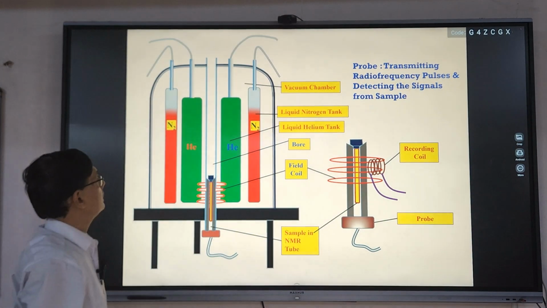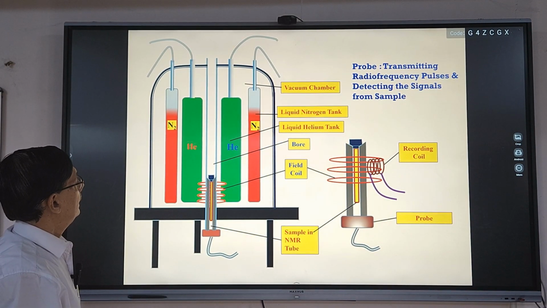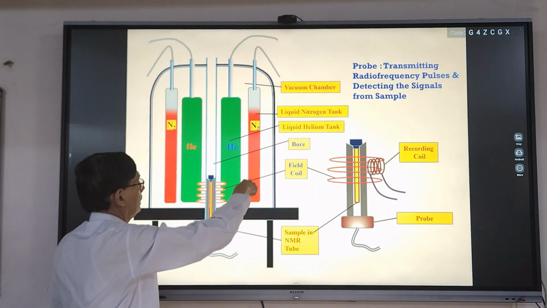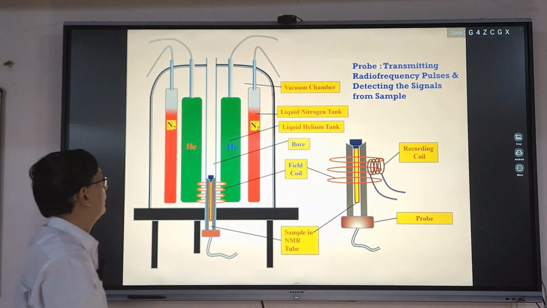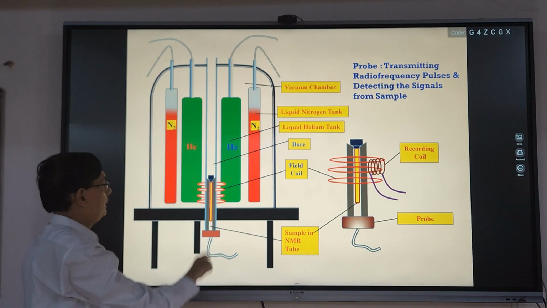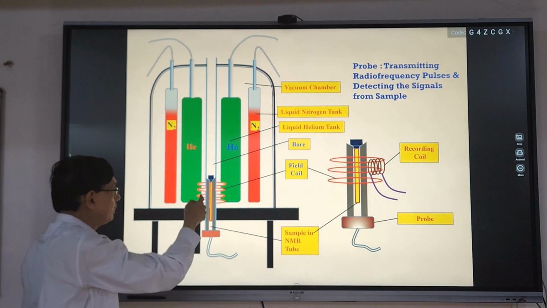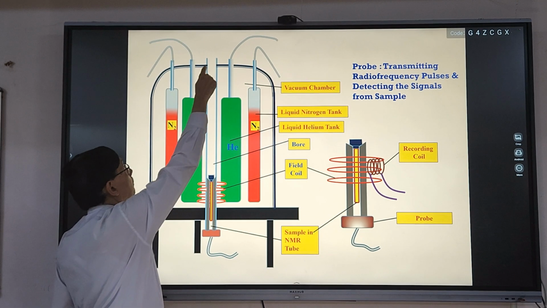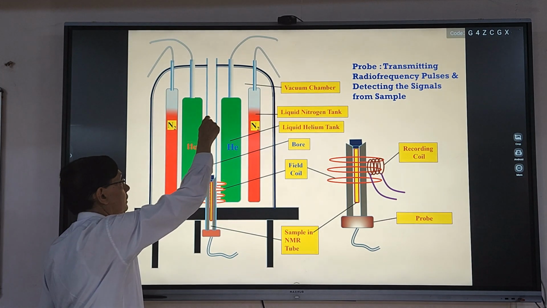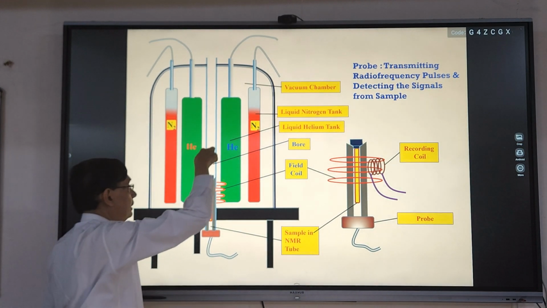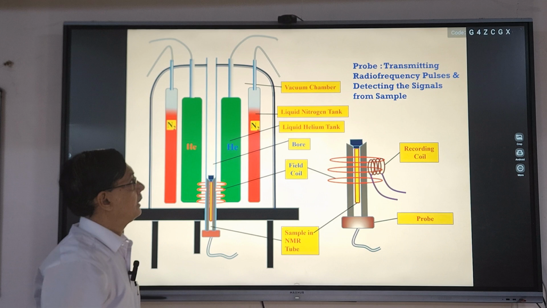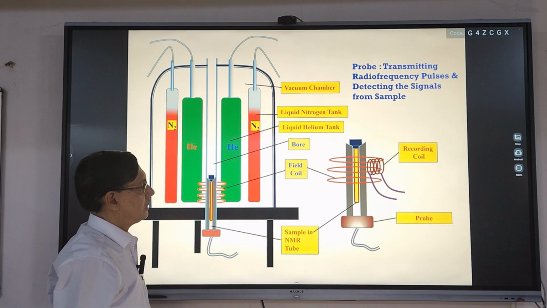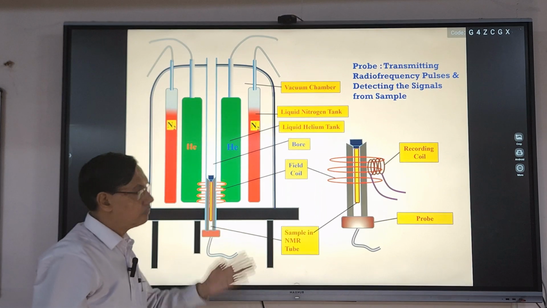There is a magnet and other things, and it is a vacuum chamber, so there is the nitrogen tank, the helium tank, and this is the probe. This is the sample in the NMR tube, because we put it in from this side, and with the help of air pressure it goes to this place. And the probe is very, very important. We can control everything with the help of the probe.